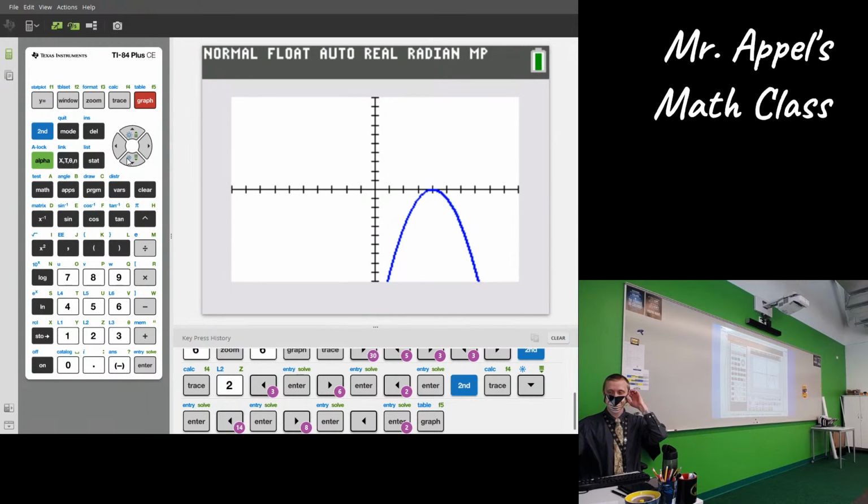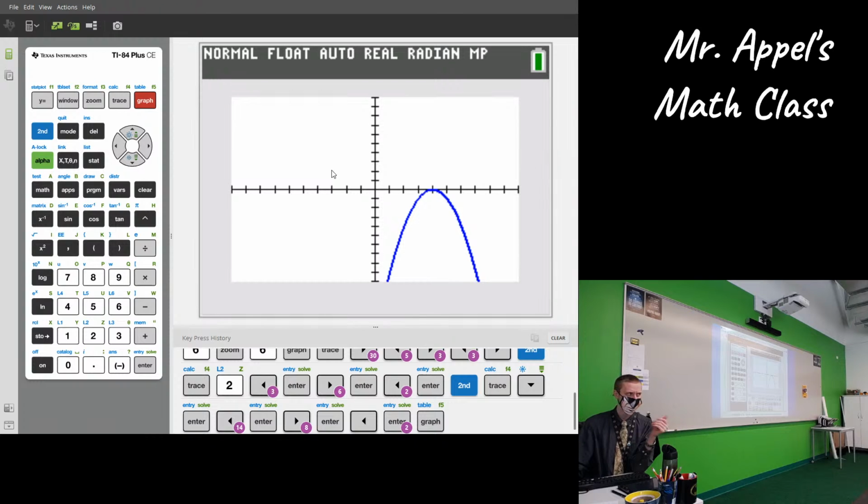You only hit 0, it doesn't have a positive value. Okay. Any other questions on how to find solutions via the graphing calculator? No? All right, then.